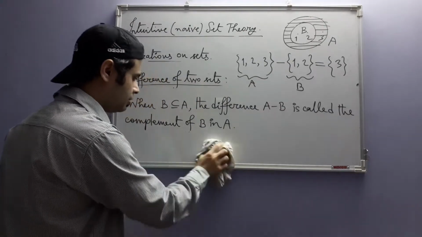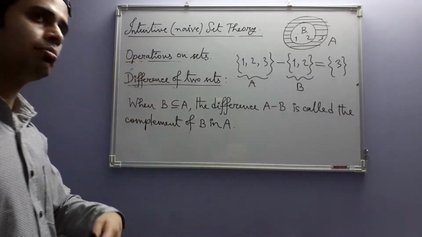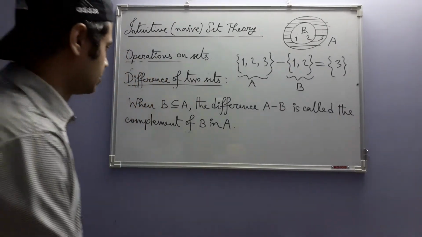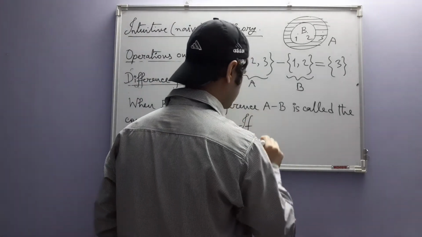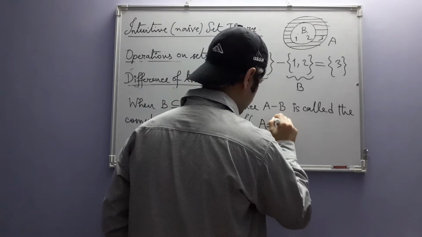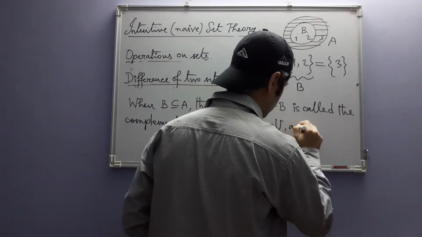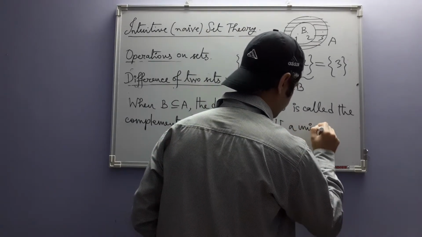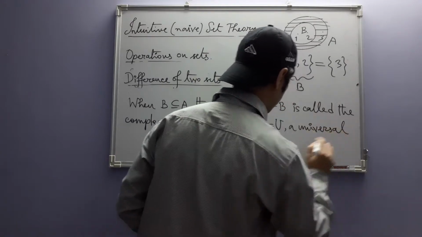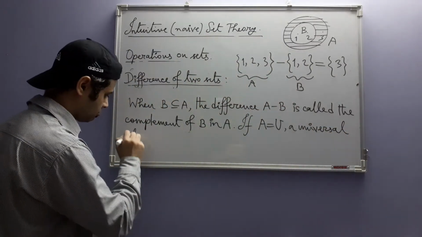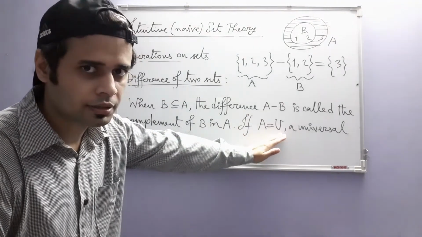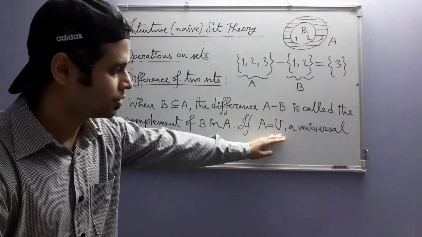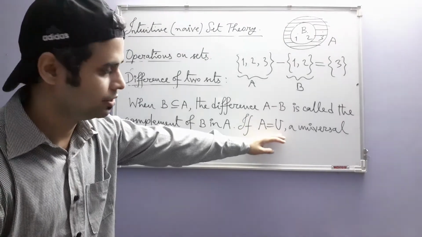And there is even a more special situation where A is equal to U, a universal set. Okay, if A is a universal set, I have already talked about the universal set in a previous video.